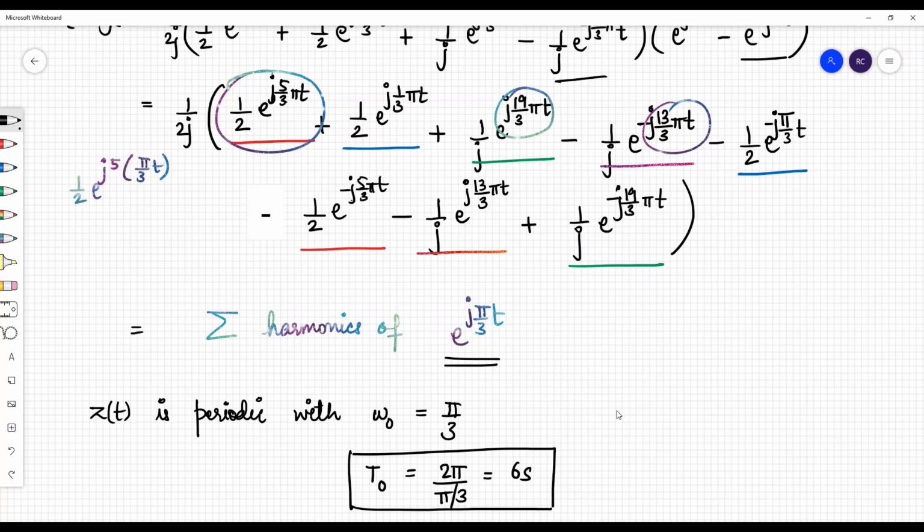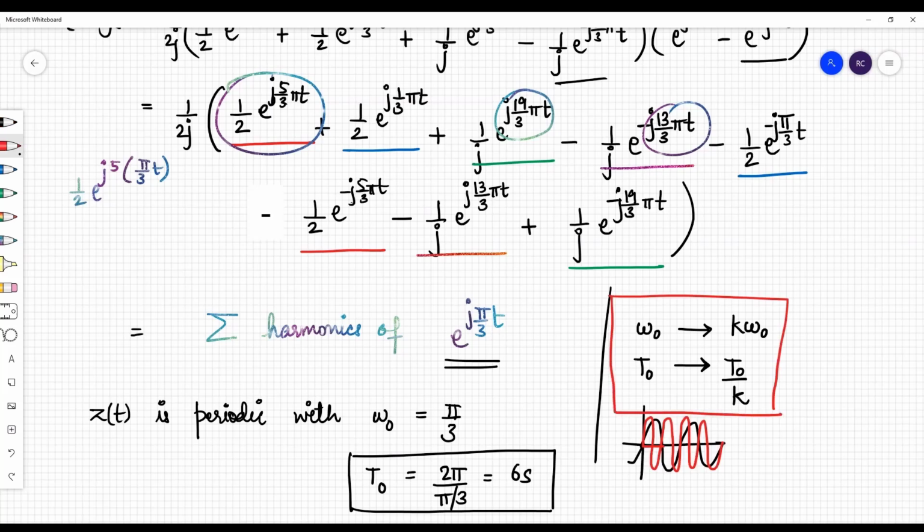This is one way of showing this, because these were harmonically related, and the moment you have harmonically related complex exponentials, obviously their summation is going to be periodic, because the meaning of harmonic itself is that, say if I had a signal of frequency omega naught, its kth harmonic has a frequency k omega naught. If omega naught was the fundamental frequency, and in time it had a time period of t naught, then what will be the time period of the signal with frequency k omega naught? It will be t naught by k.